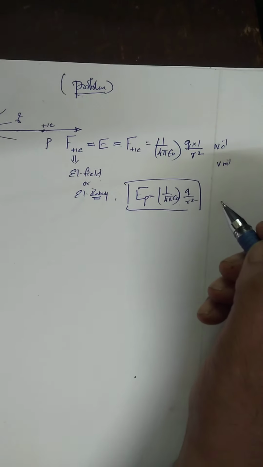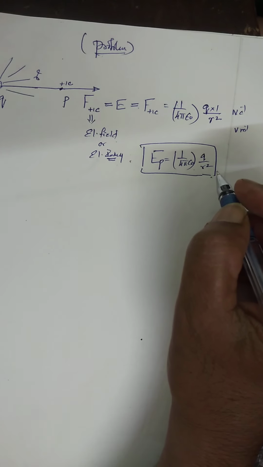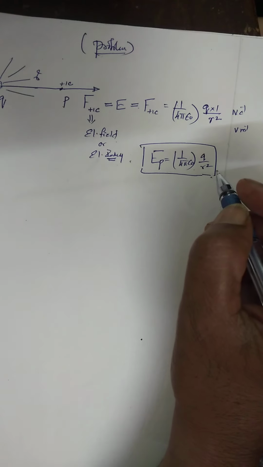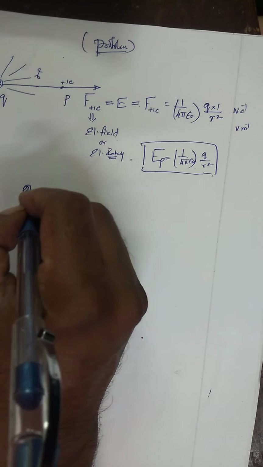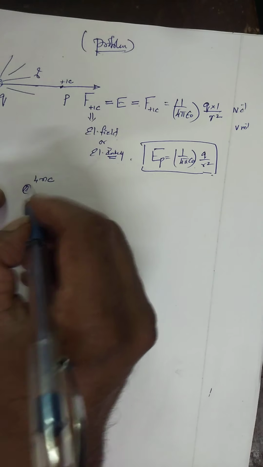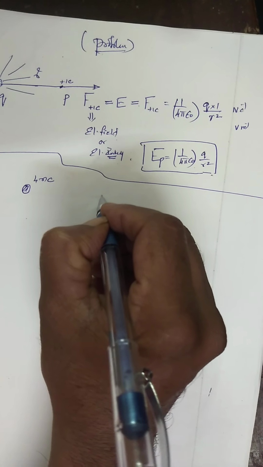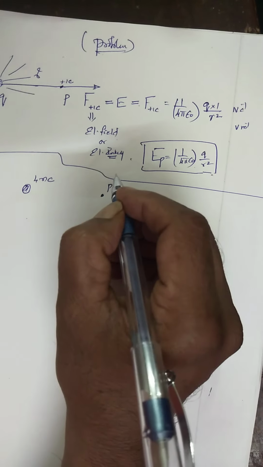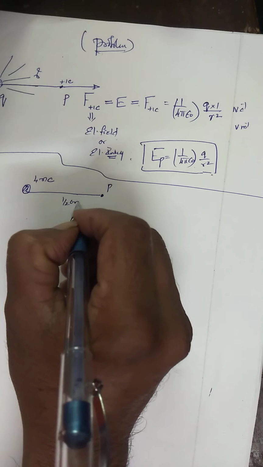Alright. Now there is some charge, 4 nanocoulomb, and there is a point at a distance of half centimeter.